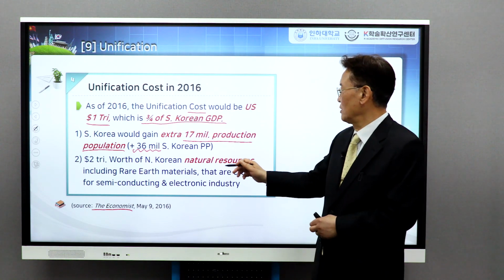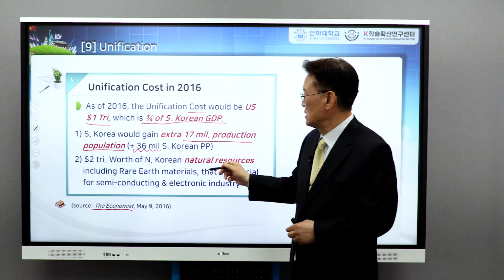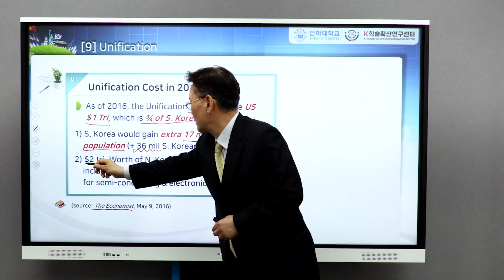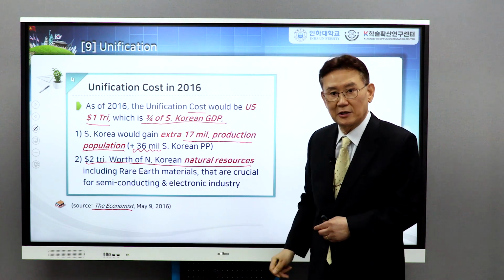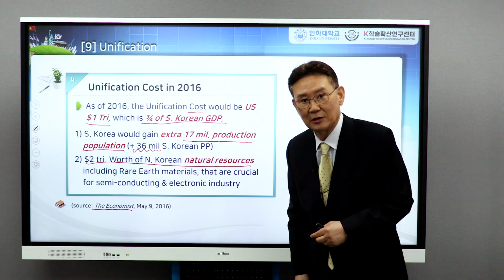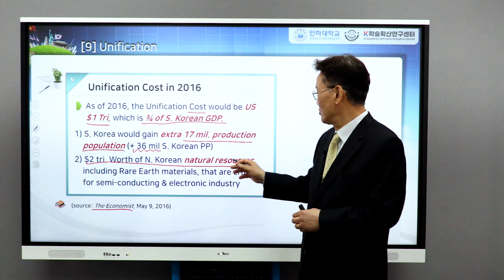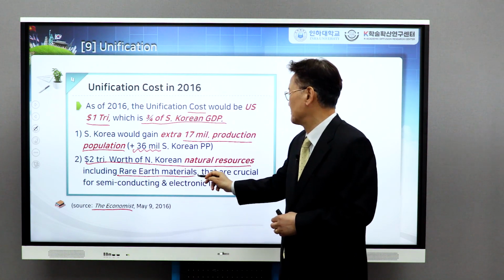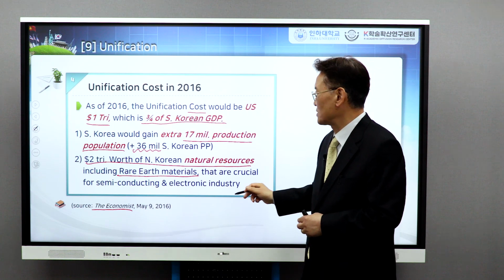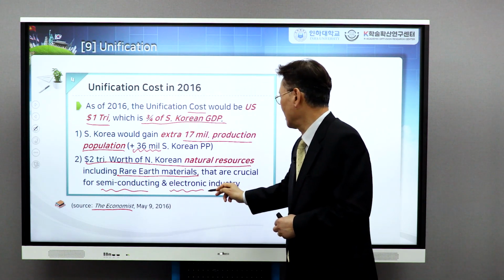Okay, in addition to the working forces, the $20 trillion worth of North Korean natural resources would be taken by the South Korean economy. Particularly, North Korean natural resources include rare earth materials that are crucial for the semiconductor and electronic industry.